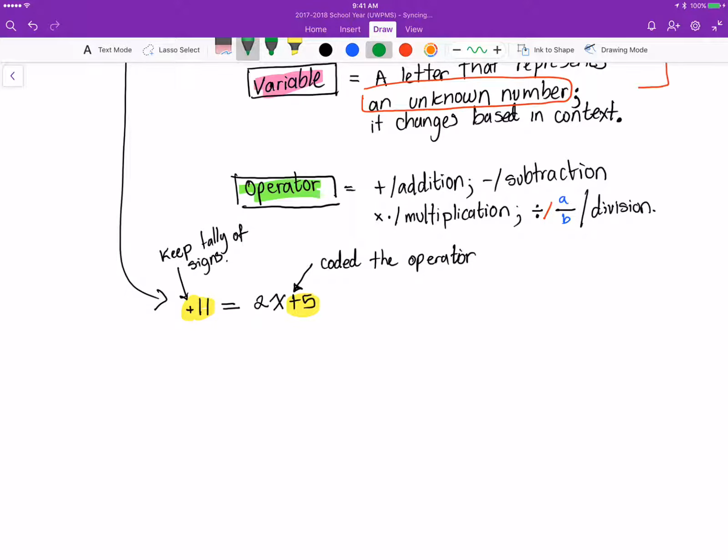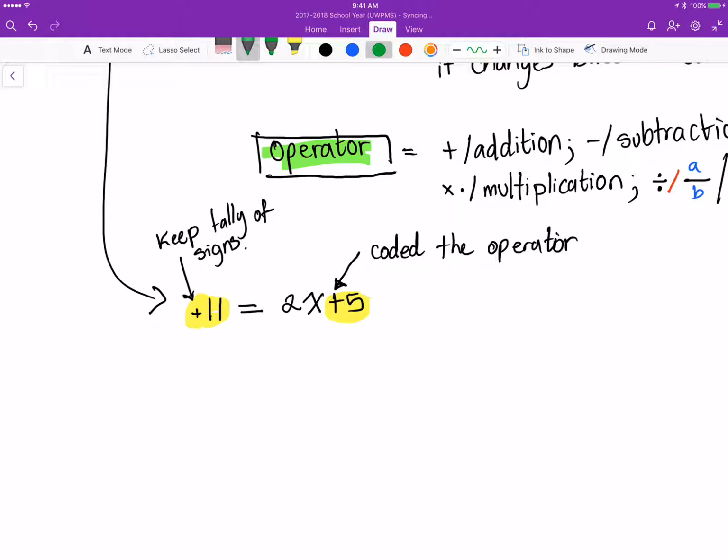Now, I want to make sure that I have my constants and my variables on one side. In this case, I'm going to have my constants here. I'm going to trace a line over. I'm going to call this my constants, and this my variables.